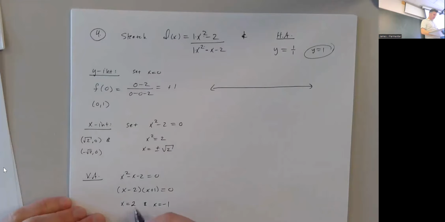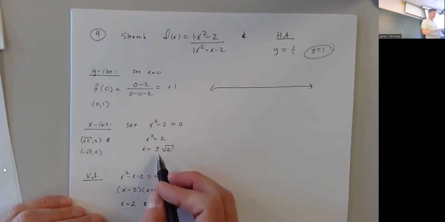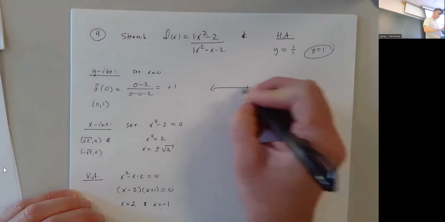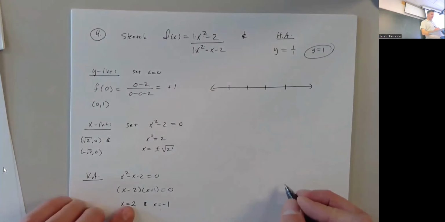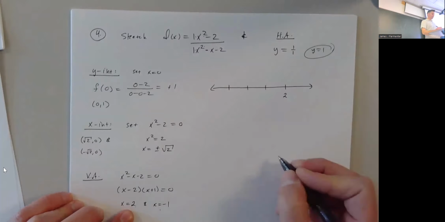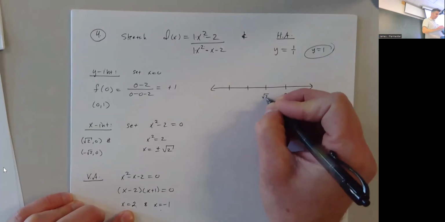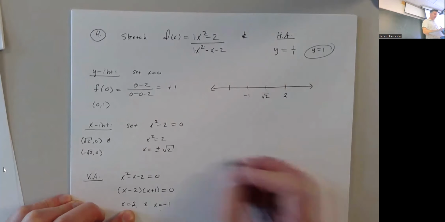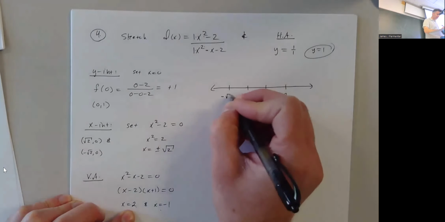So I've got 2 and negative 1 and positive square root of 2 and negative square root of 2. So there's 4 things. The biggest thing is positive 2. The next biggest thing is positive square root of 2. The next biggest thing is negative 1. And the most negative thing is negative root 2.